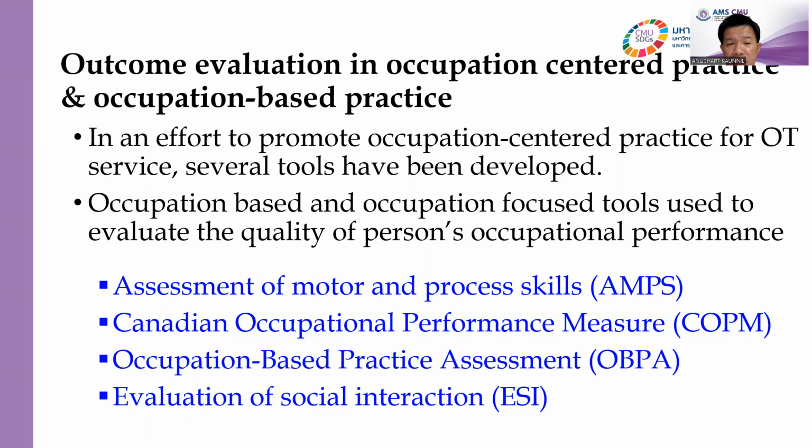The second is the Canadian Occupational Performance Measure, or COPM, which measures occupational performance. Then the occupation-based practice assessment, or OBPA. And the last one assesses occupational performance in terms of social participation, or evaluation of social interaction, or ESI.